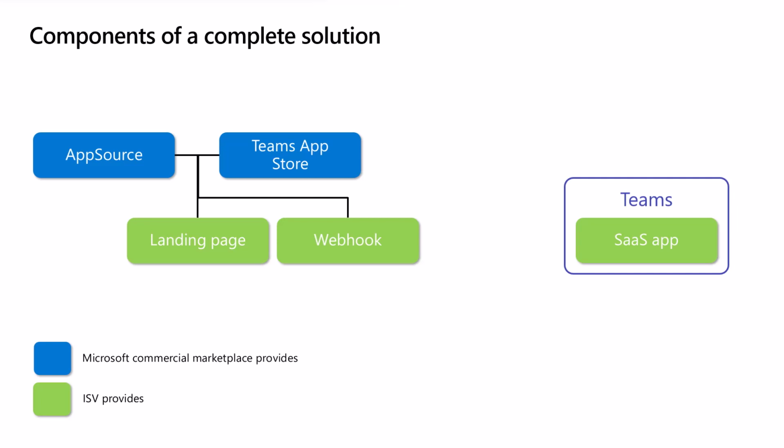And you as the ISV are responsible for that landing page we discussed, the webhook, of course, and finally, your SaaS application that lives within Teams. But there is one more piece, and it's that licensing service that we talked about that typically will write information into a database that will be read by the SaaS application itself, ensuring that licensing terms are respected.